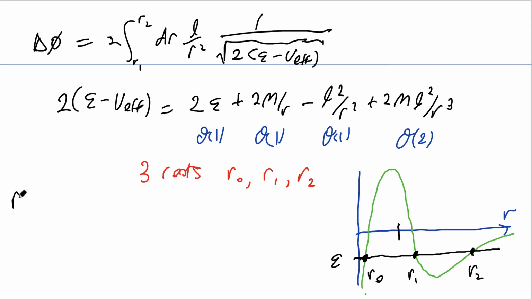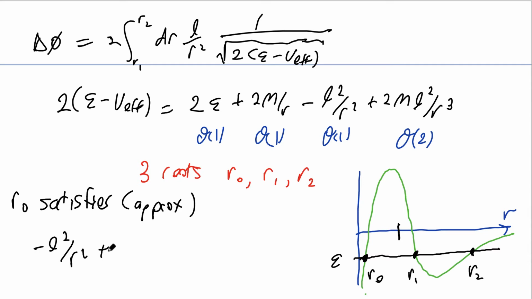So R0 satisfies approximately minus L squared over R squared plus 2m L squared over R cubed equals 0. Just these two terms alone equal 0. And the solution to that is R equals 2m. So that's the R0 root.